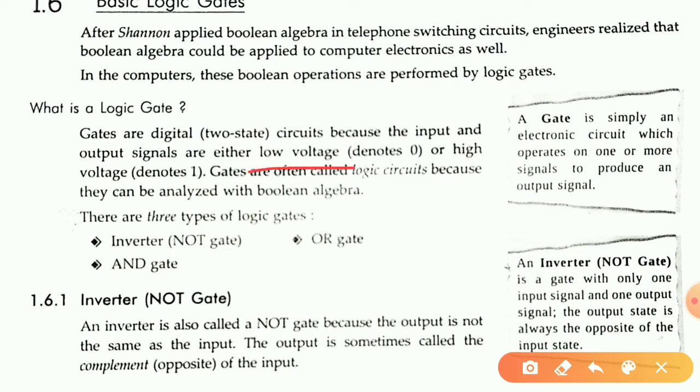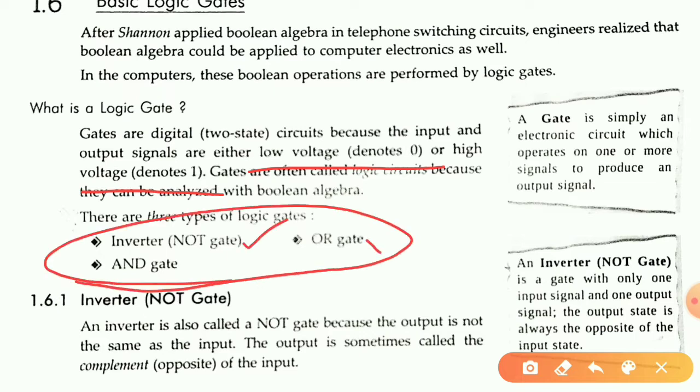Low voltage denotes 0 and high voltage denotes 1. Clear? That means 0 denotes false and 1 denotes true. So there are three types of basic fundamental gates: the inverter gate, that is the NOT gate, the OR gate, and the AND gate. These are the three types of gate.